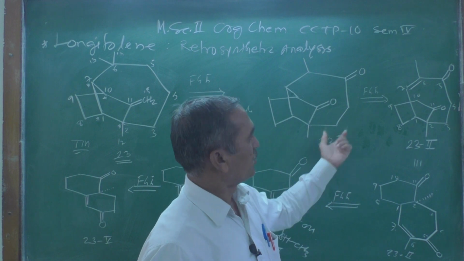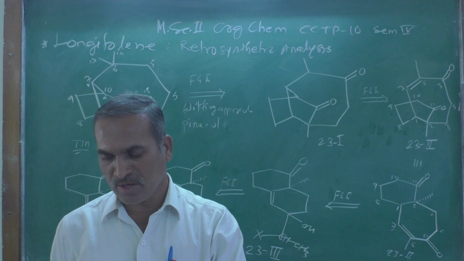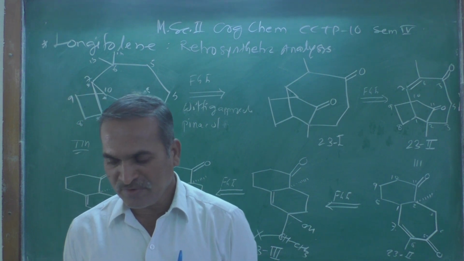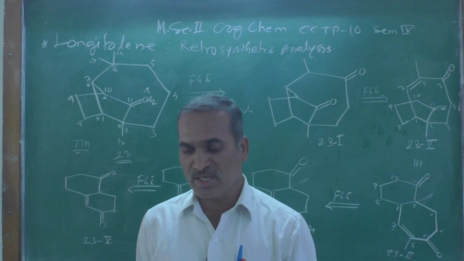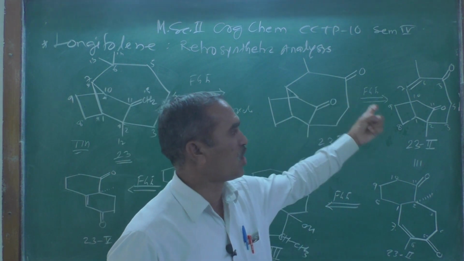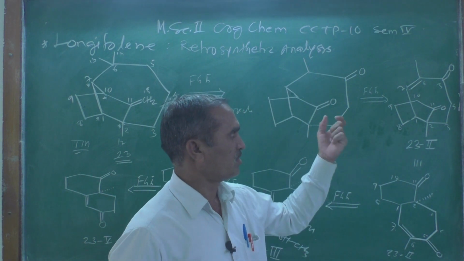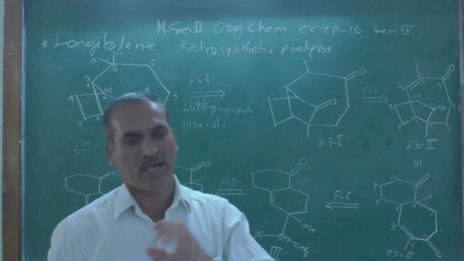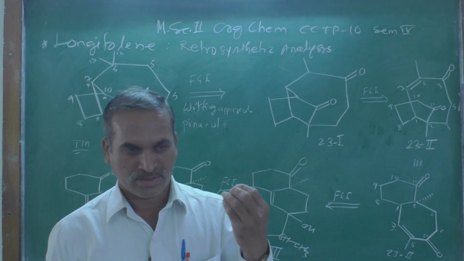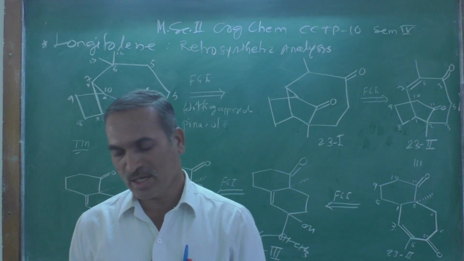This transformation simplifies the tricyclic to a bicyclic ketone. This is a tricyclic, and when we get the second compound, it becomes a bicyclic. Bicyclic is simpler than the tricyclic, and we can easily obtain that bicyclic skeleton.